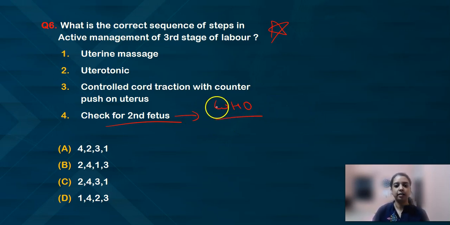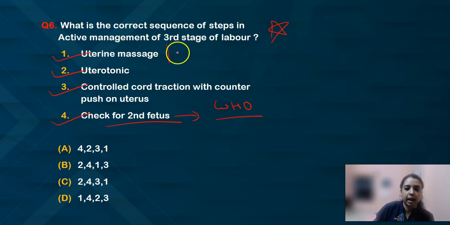It's not a random answer. First check for second fetus, then give uterotonic, then controlled cord traction, and in the end uterine massage. Actually, uterine tone assessment is a better word. So it is 4, 2, 3, 1.